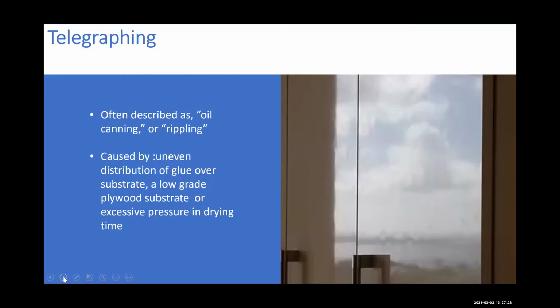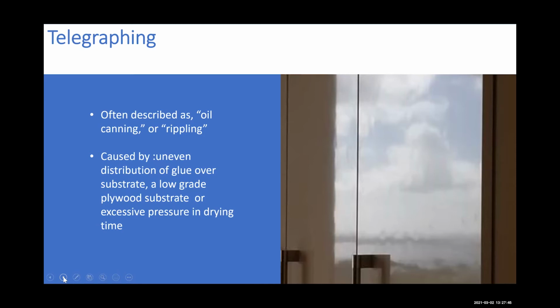So the first one is telegraphing, orange peeling, rippling, oil canning. It can be caused by a few things, including uneven distribution of glue. So when we saw that guy spraying the contact adhesive on, if he has it too thick in some areas, that can come through and show on the other side.